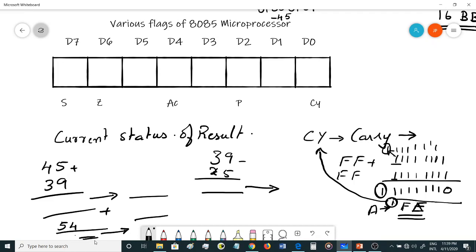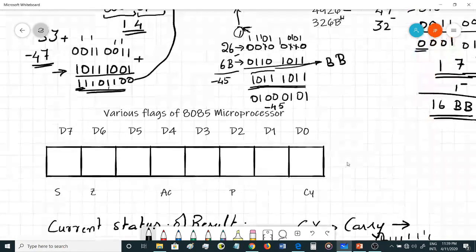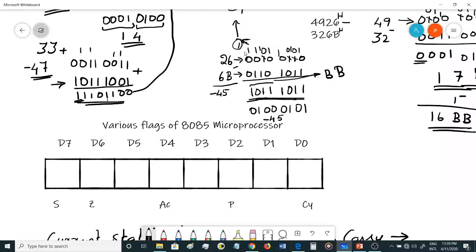Similarly, when you're doing a subtraction, in the previous case we already saw that there is a borrow that we take from the next 8 bits. This borrow will also go into your carry flag.